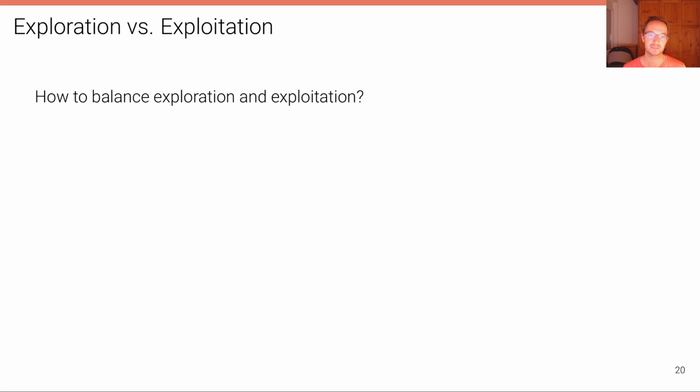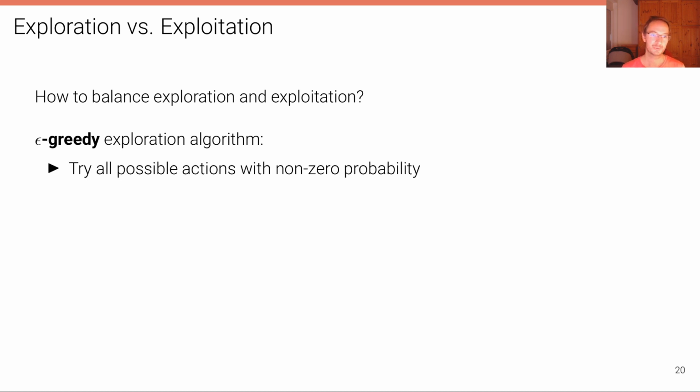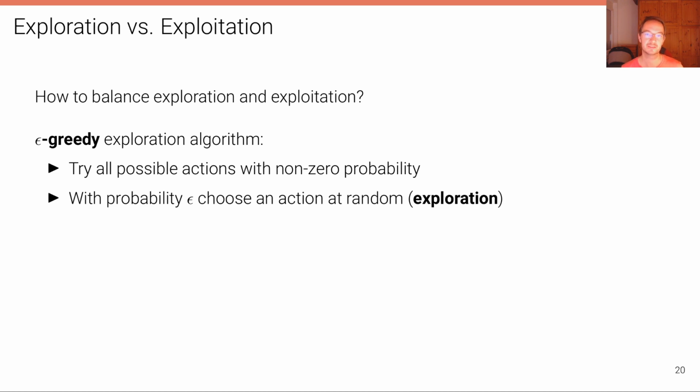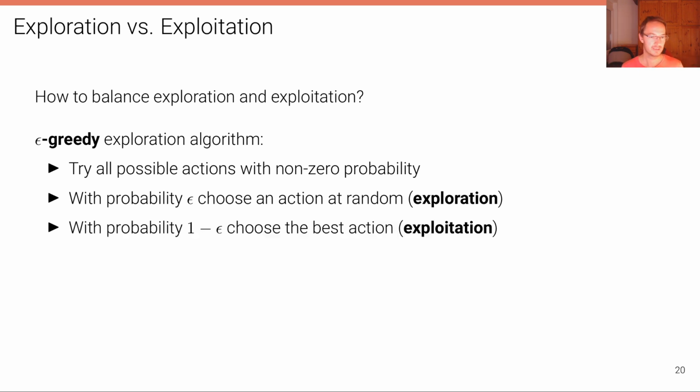But how to balance exploration and exploitation? There's the so-called epsilon greedy algorithm that does exactly that. The epsilon greedy exploration algorithm tries all possible actions with non-zero probability. In particular, with probability epsilon, it chooses an action completely at random, and that's exploration. And then with probability 1 minus epsilon, we choose the best action.